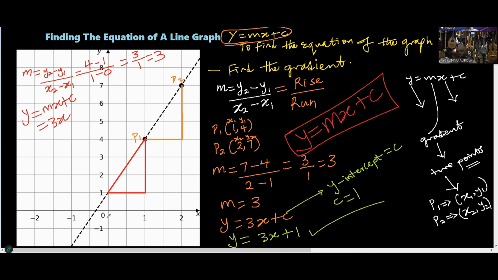If it crossed at -1, maybe the line goes down, then it will become y equals 3x minus 1. If it crosses at 6, y equals 3x plus 6. But now it crossed at 1, so y equals 3x plus 1. Is that clear now?